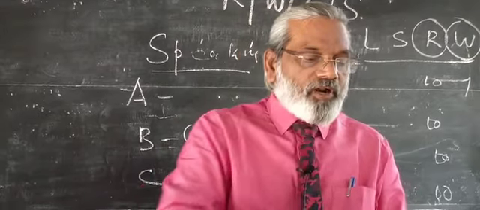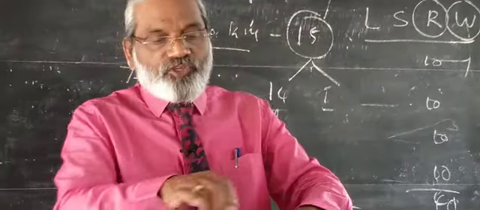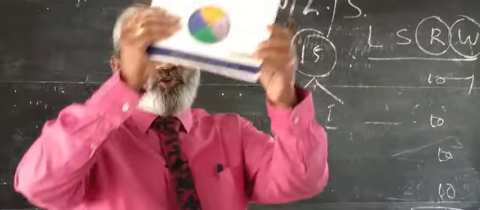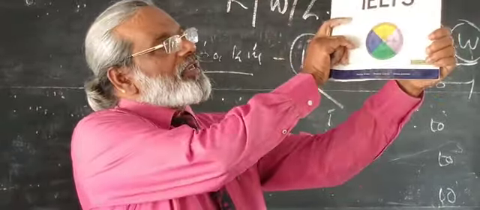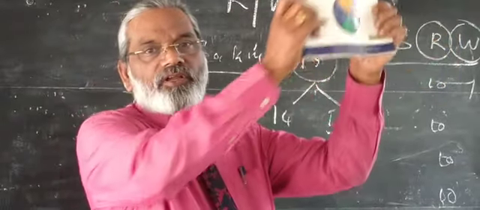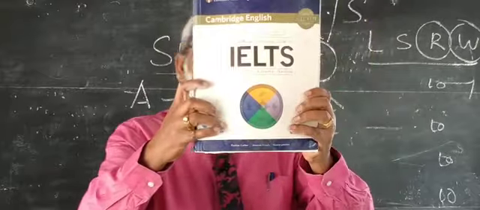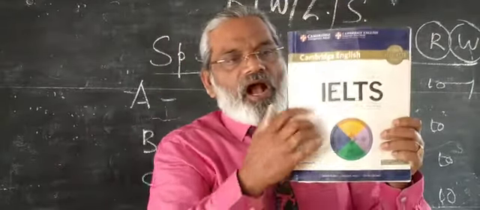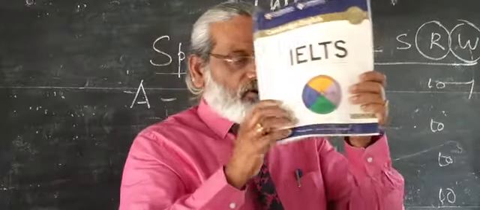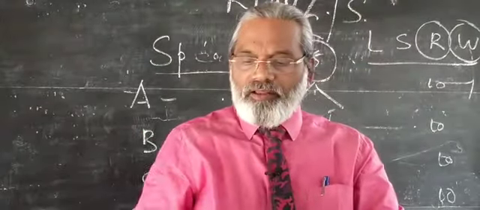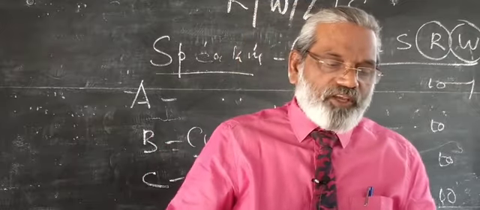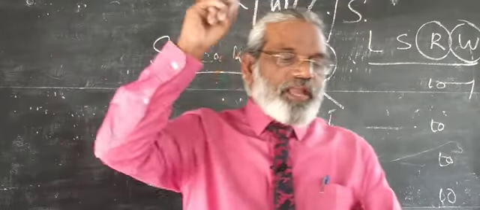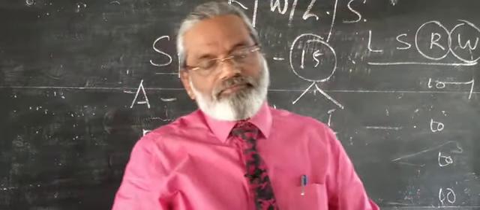In order to give you that academic session, I introduce this book: IELTS Cambridge English. This book is very important and available in the market. You can copy down the address, Cambridge English Language Assessment.